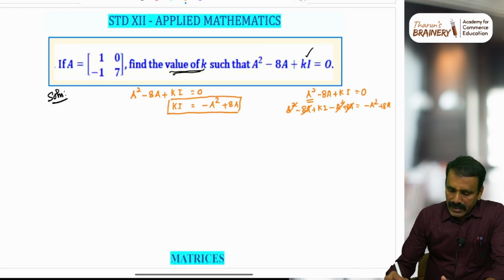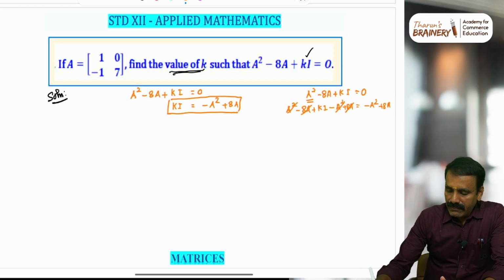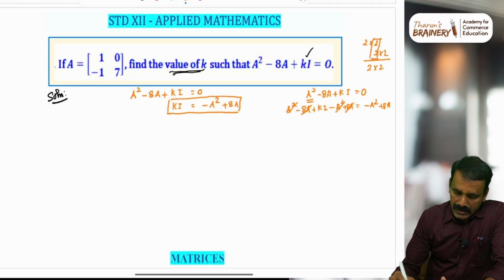So we have to find the expression minus A square plus 8A. We have to check whether A square is possible. Already we have done two problems with 2 by 2 matrices, so it is very comfortable for us. What will be the product? The product is again going to be a 2 by 2 matrix. So multiplication of A with A is permissible. Okay.